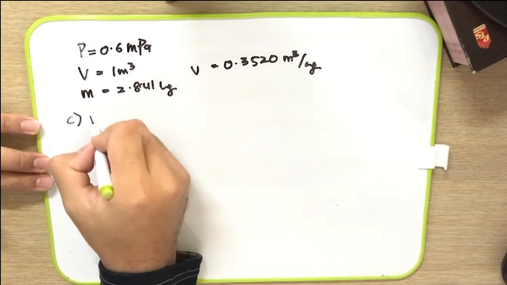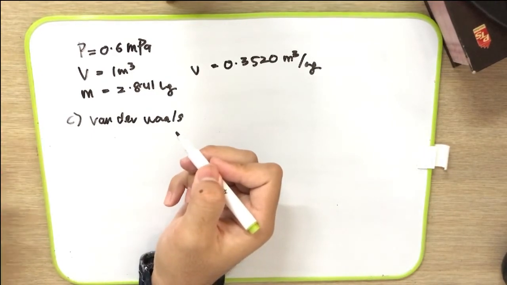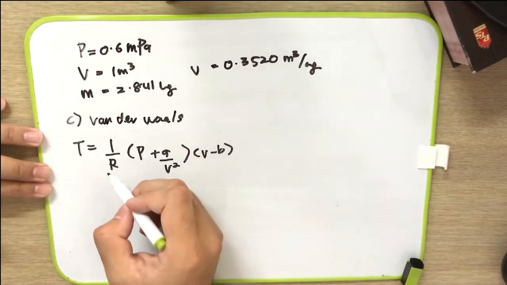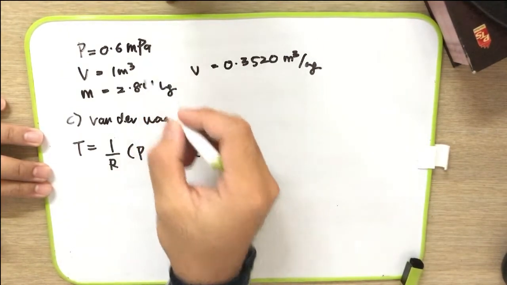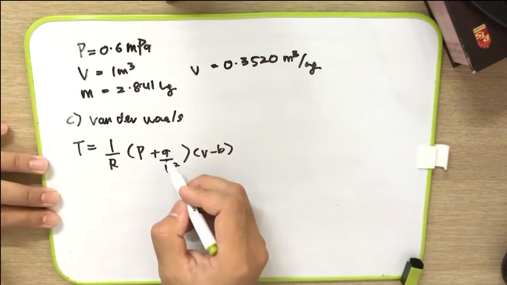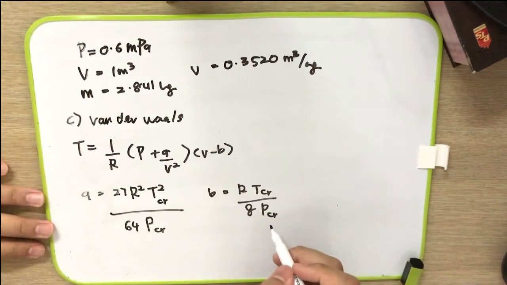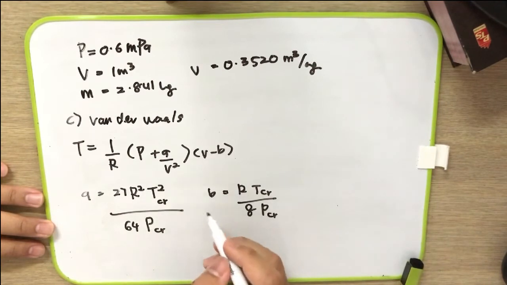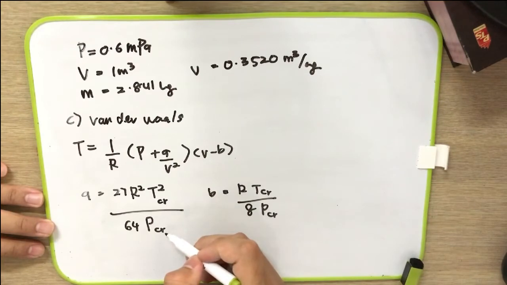Next, we find using the van der Waals equation. First we have to know what is the equation for van der Waals. So this is the equation for van der Waals. If you look at here, we have R, which we just get from table A1. The P is given, V is specific volume, A and B we can get from this equation. This is the equation for A and also B. In this equation, you can see there are T critical, P critical.